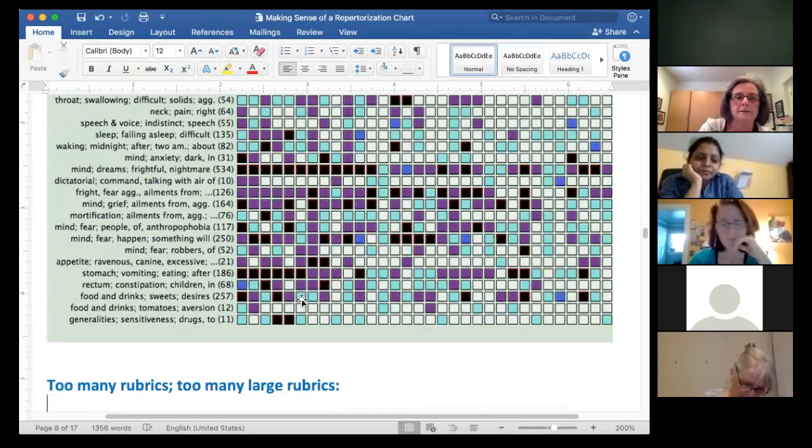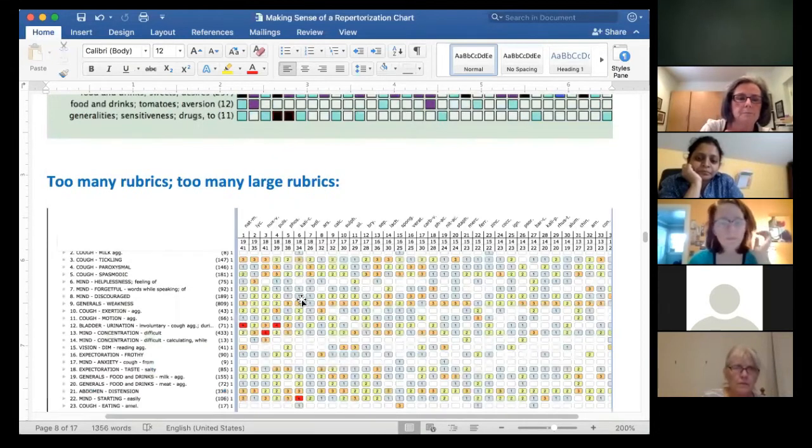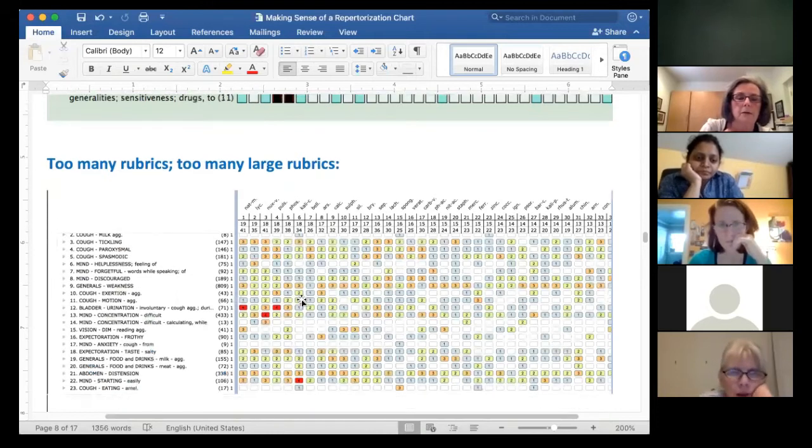And again, this is a repertorization with too many rubrics and too many large rubrics. And here's another one with too many rubrics and too many large rubrics, and we end up with polycrests. And you know, polycrests, they're fine, and they might be the answer to your case, but I'm just suggesting to you that if you put in big rubrics and you put in many rubrics, you are going to end up with polycrests.